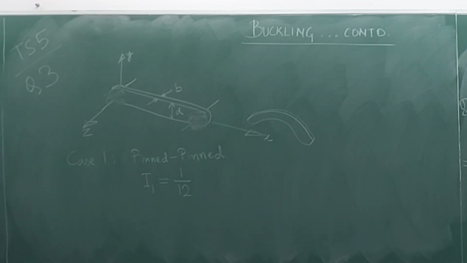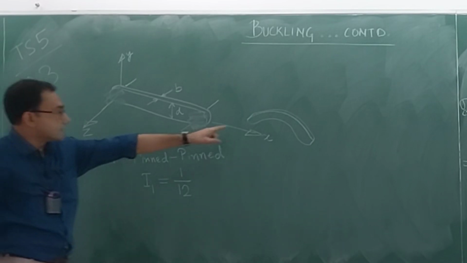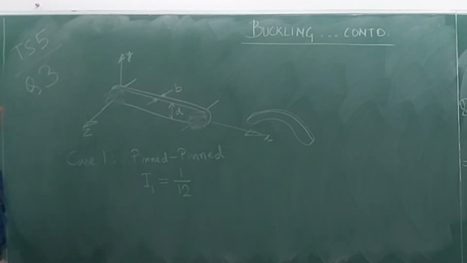So when we are considering the buckling like this, what is the plane along which the neutral axis for that thing is parallel? Is it the xz plane or is it the yz plane? YZ. Why is it? CSA is along that way.